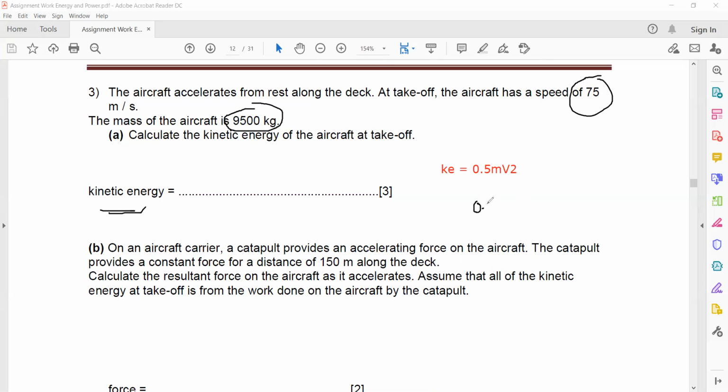So 0.5 multiplied by the mass of the aircraft, which is 9,500, multiplied by the speed, which was 75, and then squared. So you multiply, and you will get the kinetic energy. What is the answer here? 0.5 multiplied by 9,500 multiplied by 75 square.